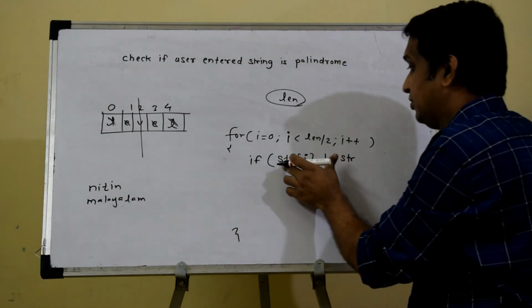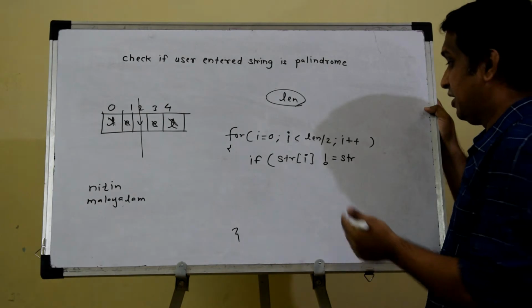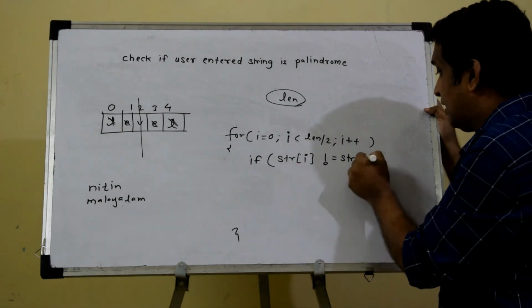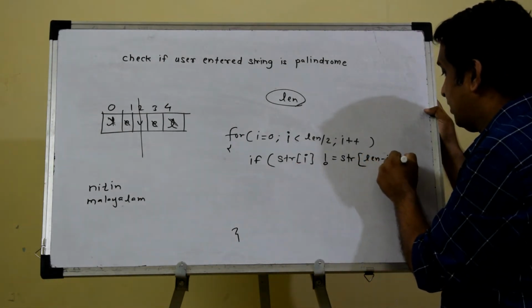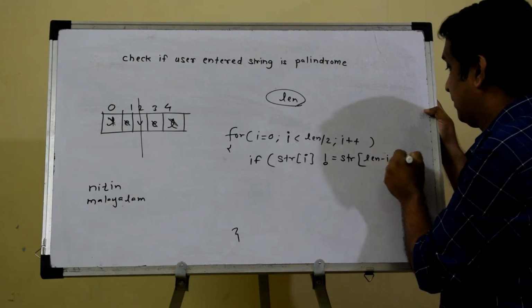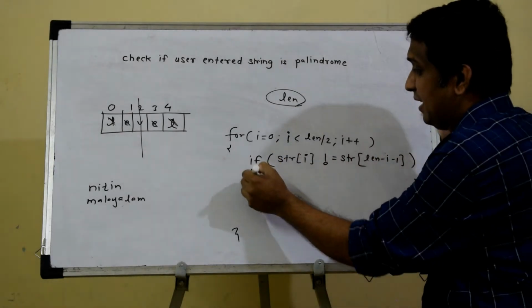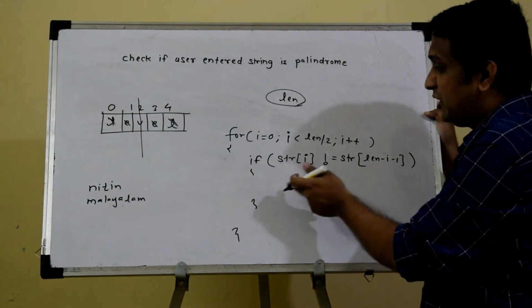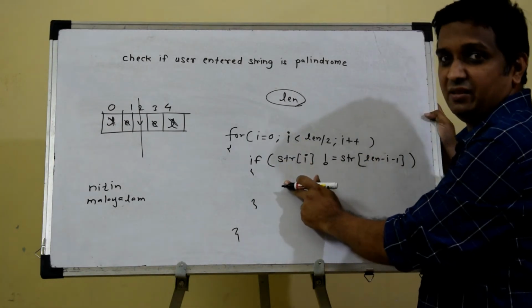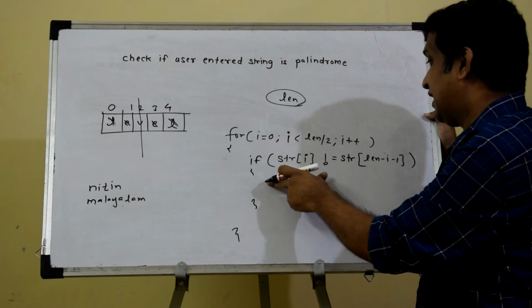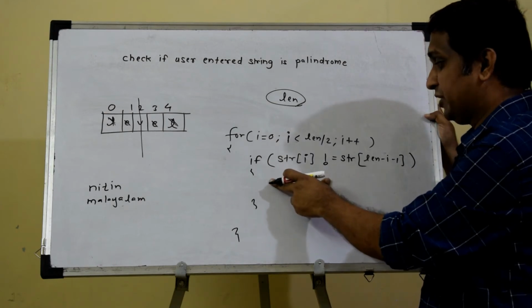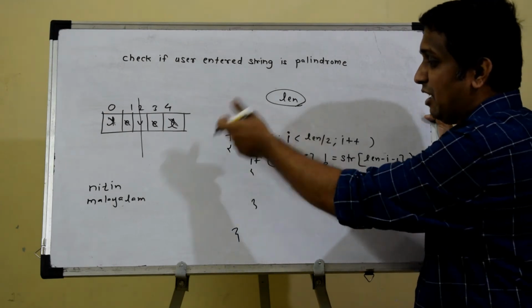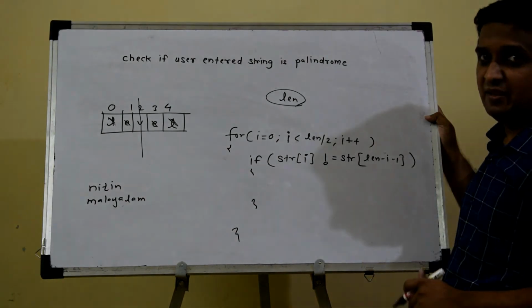Str is the name of the array where I am storing the string. If I do not have the same characters in that pair, then obviously it is not a palindrome string. So here you can directly print that it is not a palindrome string and break the loop. Otherwise, outside the loop you can print that it is a palindrome string.